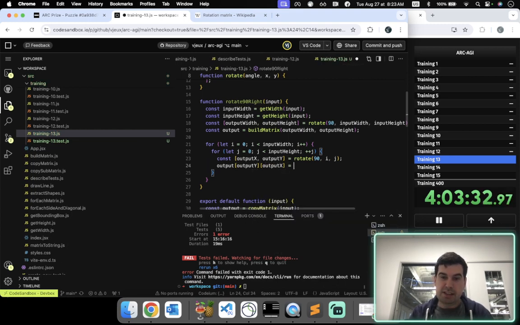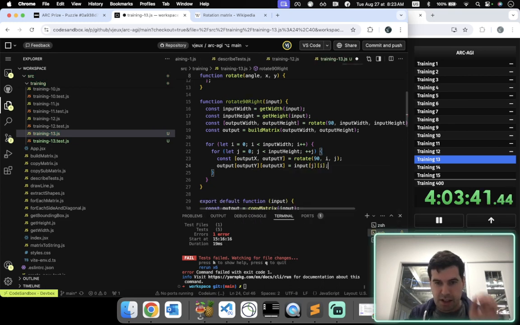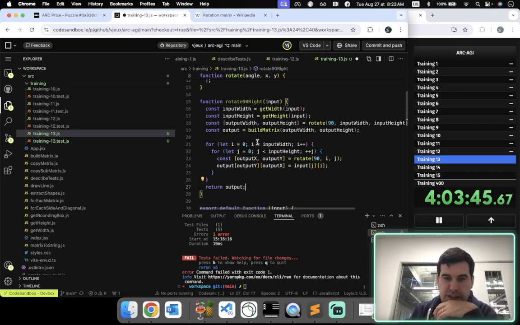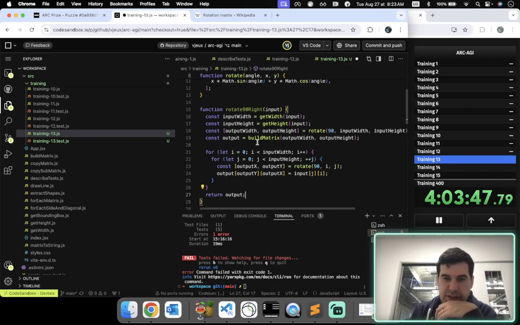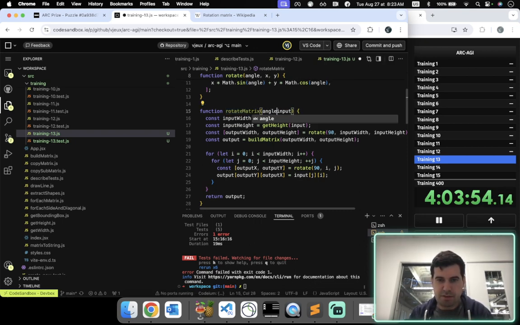Output x equals input j and i, and return outputs. So rotate matrix angle.